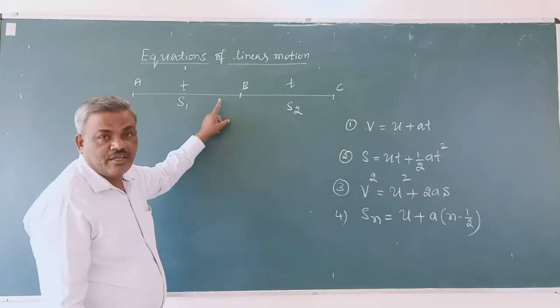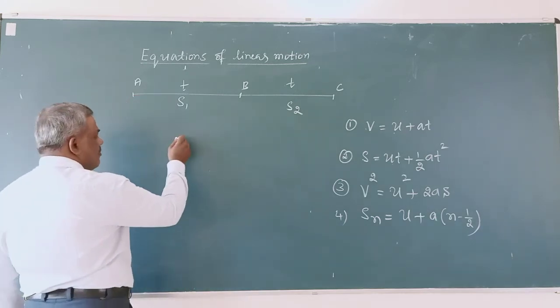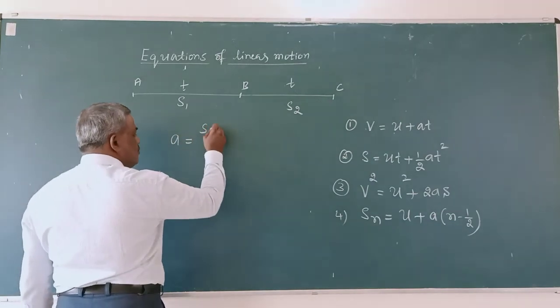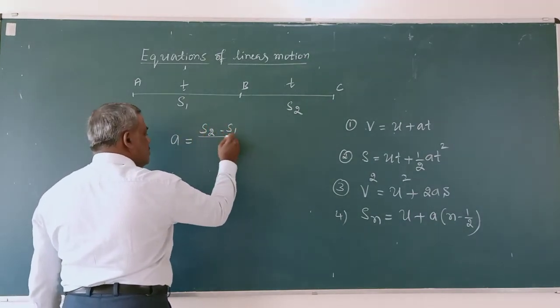How to calculate acceleration? Using the formula a equals S2 minus S1 by t square.